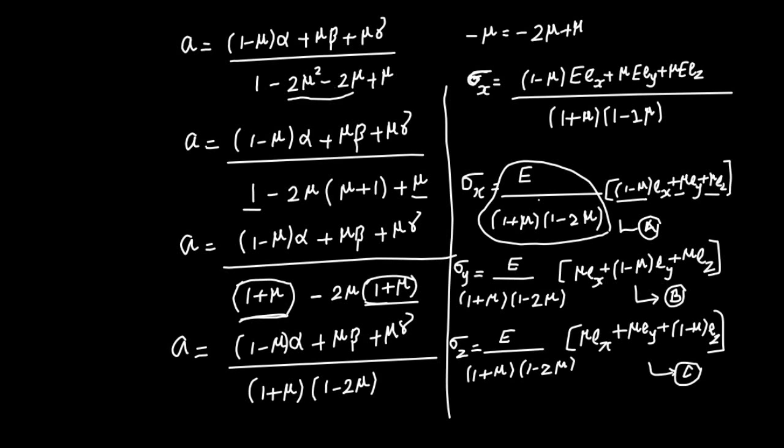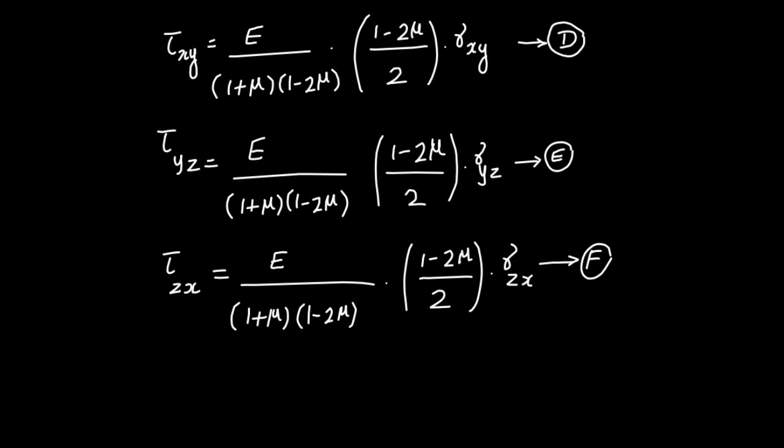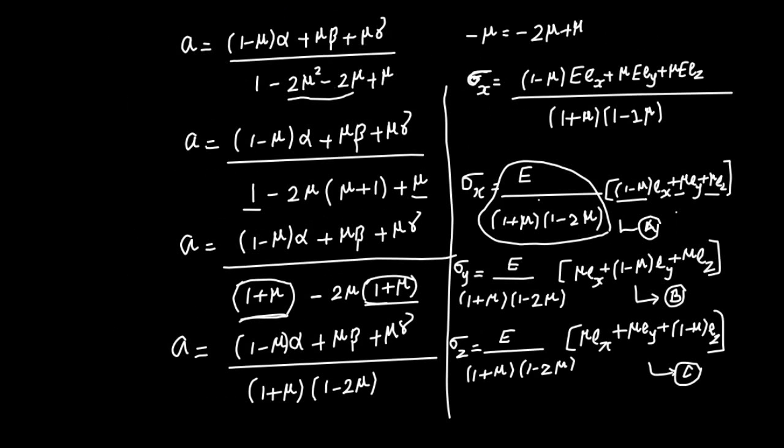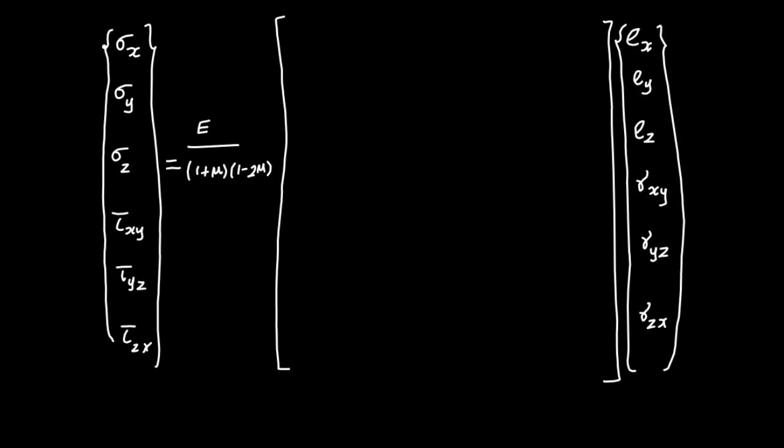Then you also write the coefficient of nu xy, which is 0. Nu yz, it is 0. Nu zx, it will be 0. Because those terms do not exist in equation A. So it will be 1 minus mu, mu, mu, 0, 0, 0.